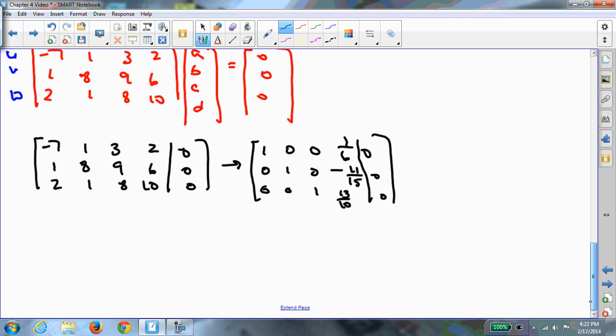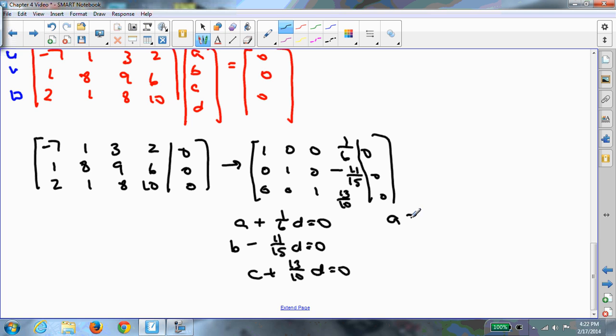So if I translate this back into a, b, c, d, this means that a + 1/6 d equals 0, b - 11/15 d equals 0, and c + 13/10 d equals 0. So that means that a equals -1/6 d, b equals 11/15 d, and c equals -13/10 d.